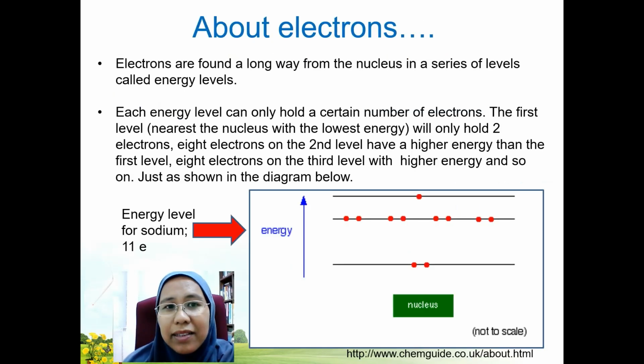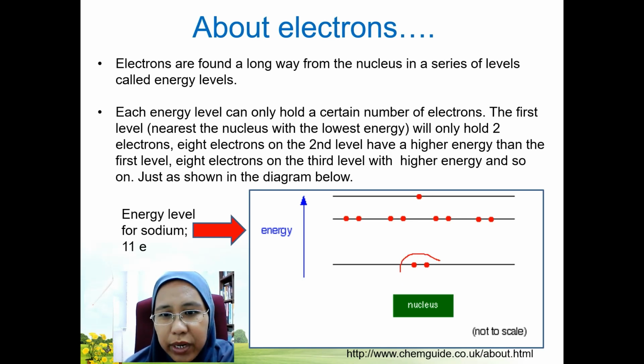Electrons are situated in a place around the nucleus which we call energy levels. Energy level can hold a certain number of electrons. The first level, which is the nearest to the nucleus, will hold only 2 electrons.